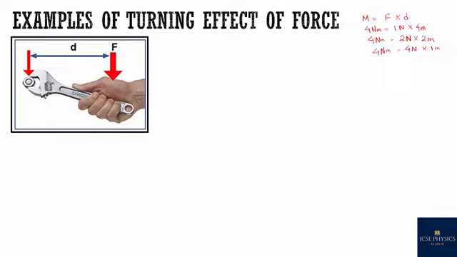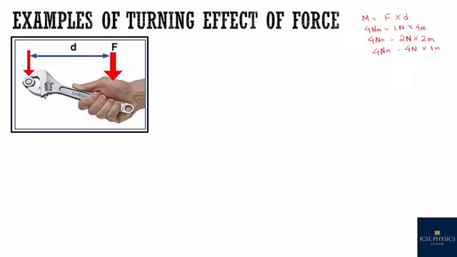So as we can see from these three cases, if less force is applied, then we have to increase the distance between the application of force and the fixed point. So here, in order to produce a greater turning effect, or greater moment, or greater torque, we increase the distance of application.